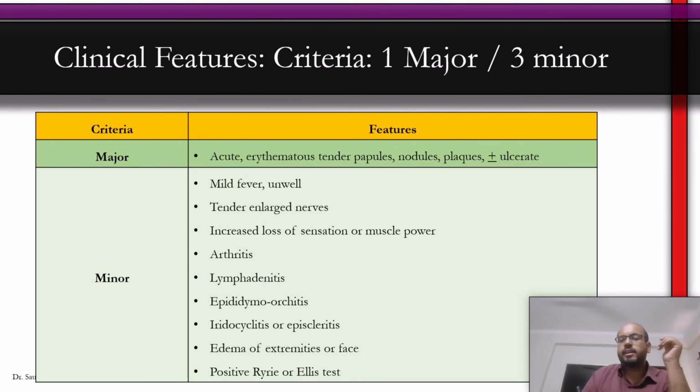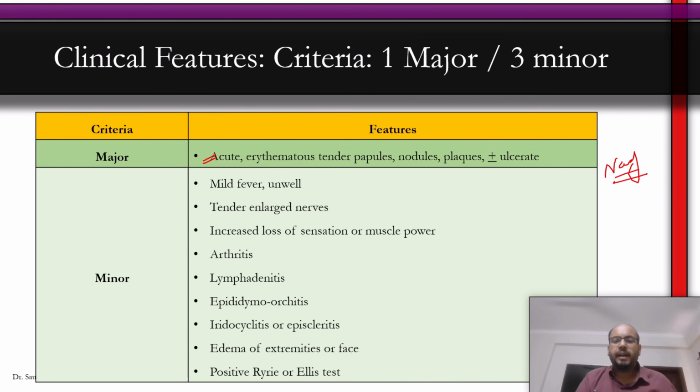To diagnose ENL, since last week we discussed NAF criteria to diagnose type 1 lepra reaction, the same or similar authors have given another criteria to diagnose type 2 lepra reaction. In this criteria, you should have one major or three minor. The major criteria is acute erythematous tender papules, nodules, plaques with or without ulceration. So lesions of ENL.